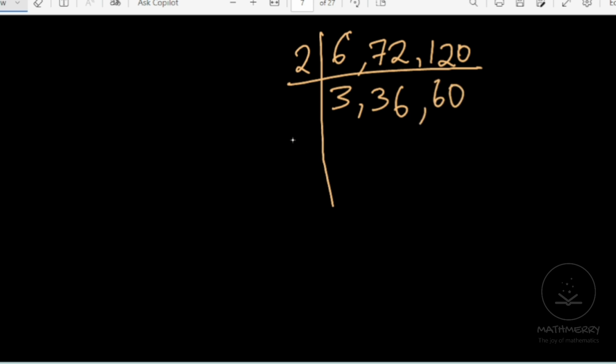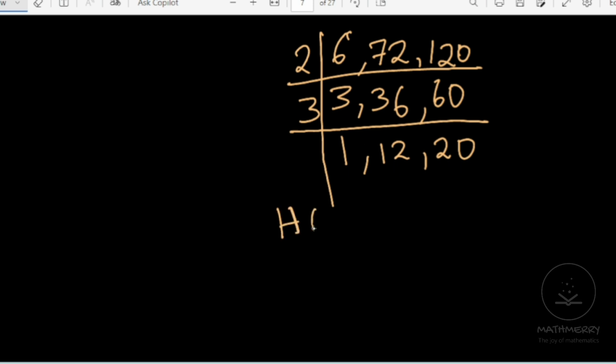Now here all three numbers are divisible by 3. So 3 divided by 3, 1. 36 divided by 3, 12. 60 divided by 3, 20. Now for the next numbers, we don't have a common factor, so we stop here. So the HCF will be equal to 2 into 3, which is equal to 6. So 6 is our HCF and that's our answer.